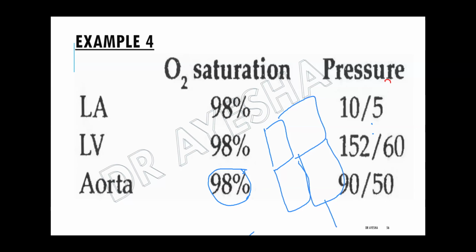Left atrium is 98 and left ventricle is 98 as well, and these are normal. When we come to the pressure, the left atrial pressure is 10/5, and the left ventricular pressure is 152/60, and the aortic pressure is 90/50.